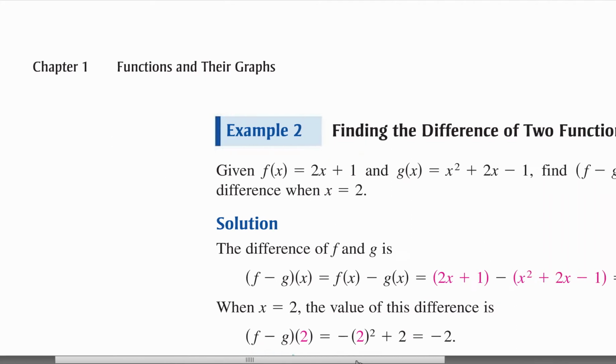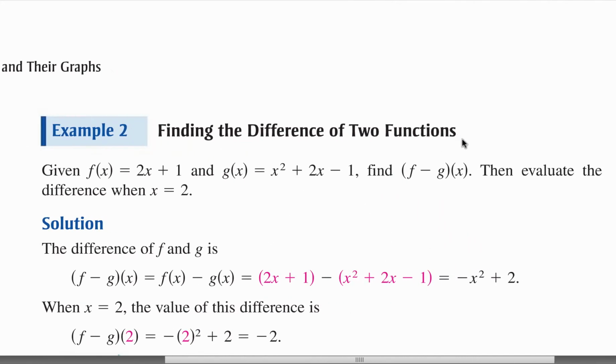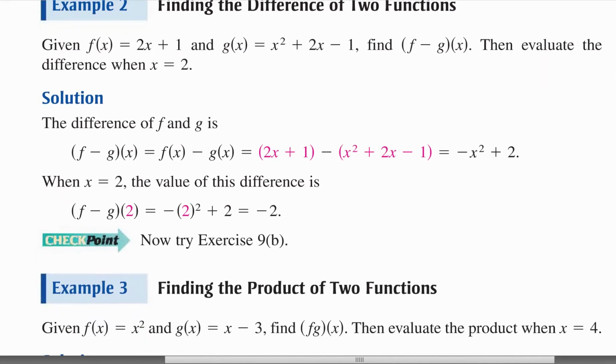So find the difference of two functions. The same functions we're looking at right now, and we're going to take the difference, f minus g. So we take the two functions and subtract them. And here's the first place that students typically make mistakes. When you're subtracting two functions, you need to make sure that you parenthesize both of them, because you're going to end up distributing a negative into the second set of parentheses.